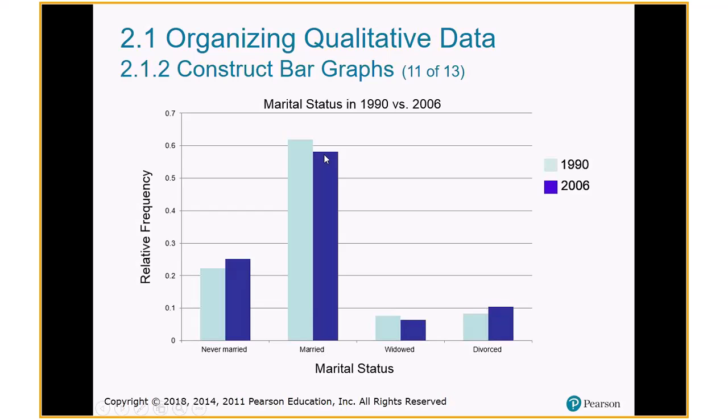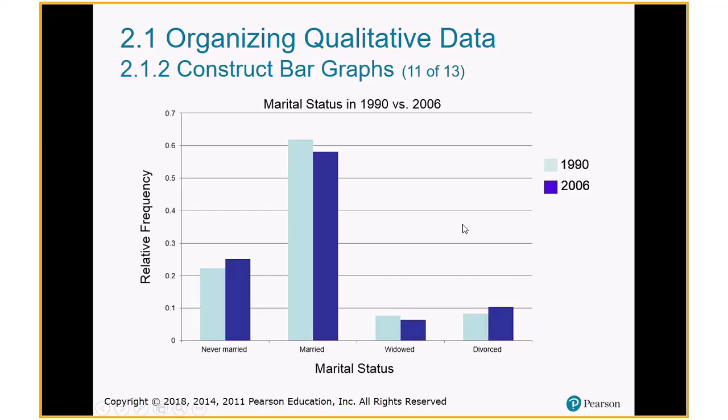Married probably went down a little bit. Widowed didn't go down very much. And divorced went up. So what could you ascertain from never married increasing, marriage going down a little bit, and divorce going up a little bit? What can you ascertain from that data? People loving the single life. That's basically what you can tell.